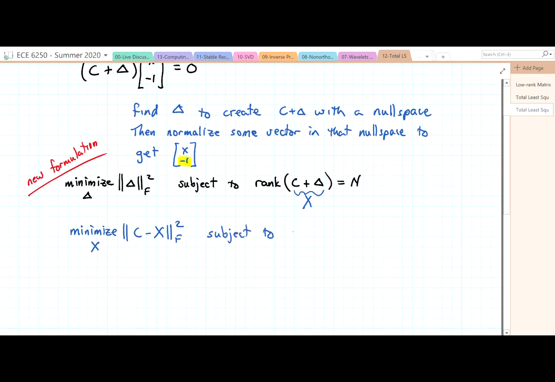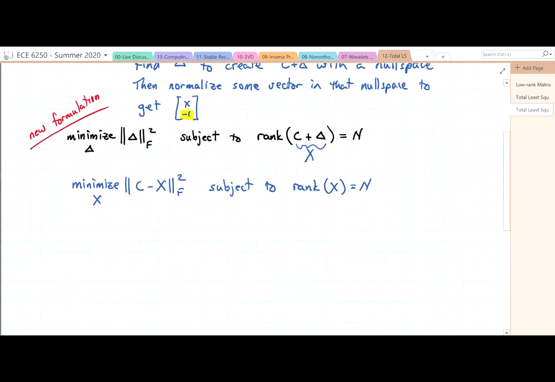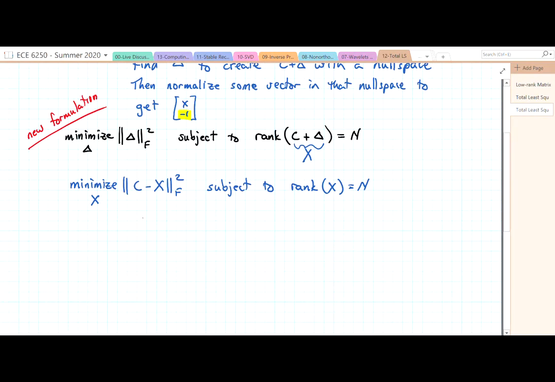Subject to rank of X is equal to n. So that's the same as before, just using our new notation. And we say that our delta hat is going to be our X hat, the solution to this problem, minus C.